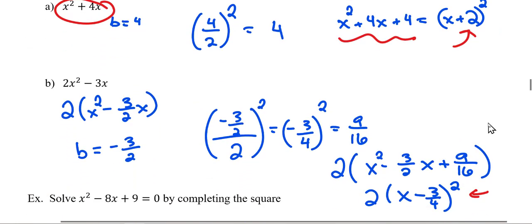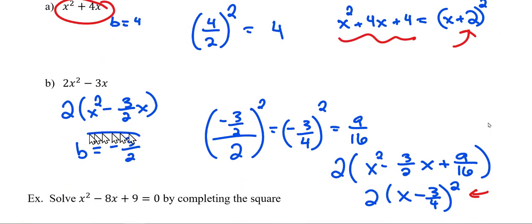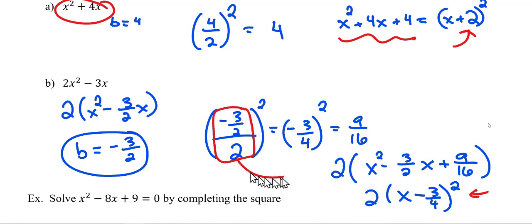In this case, the b was -3/2. When we divided it by 2, it is what is inside this parentheses before we squared, right? Which is that -3/4. And that is what ended up here. That's why it's a minus sign.